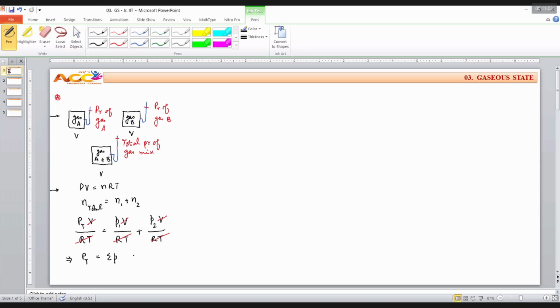Sigma pressure. What is that? Depending upon the number of gases, P1 plus P2 plus P3 up to Pn. Okay. What is PT? Total pressure. What is partial pressure? Come on.